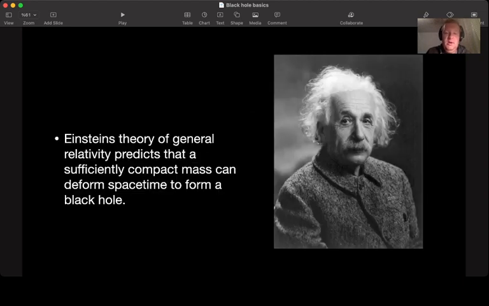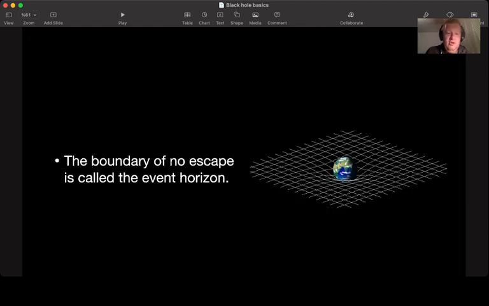And it was all said by Albert Einstein, who is also the cleverest man in the world. The boundary of no escape is called the event horizon. It's like the edge of a waterfall. You can't turn back from that point.